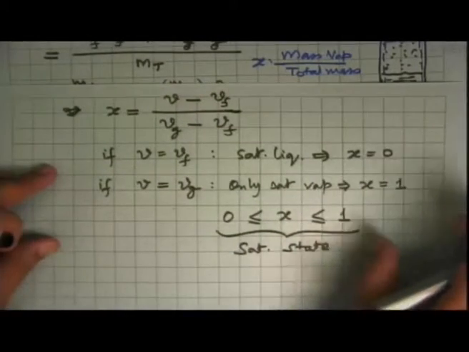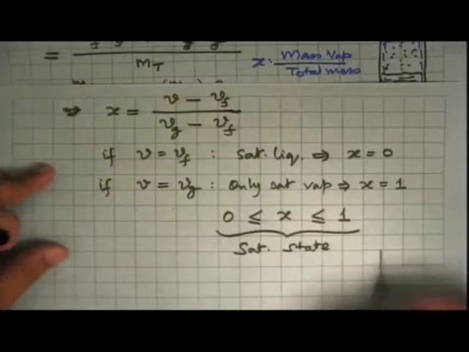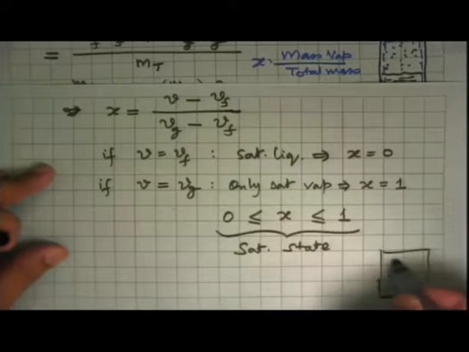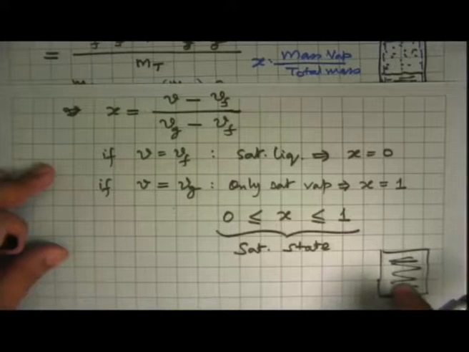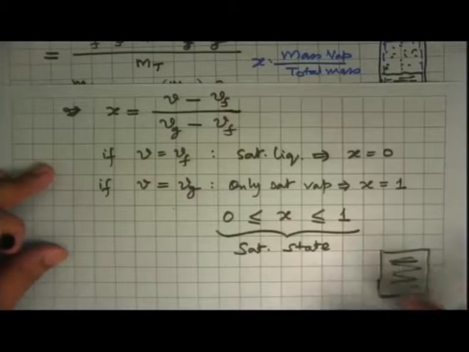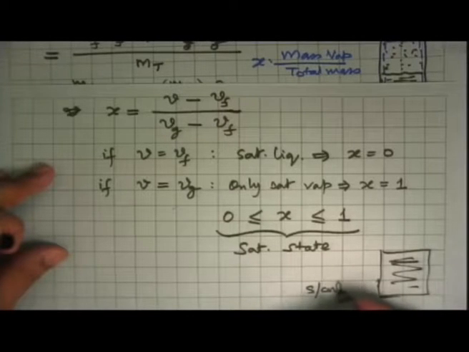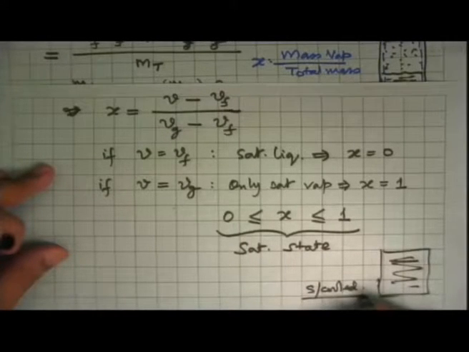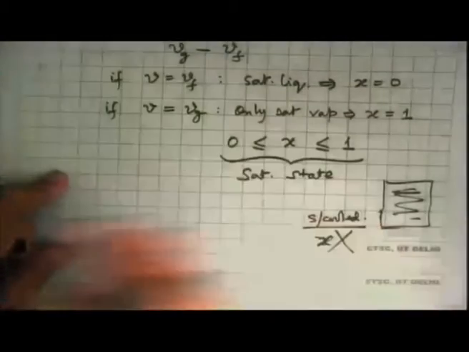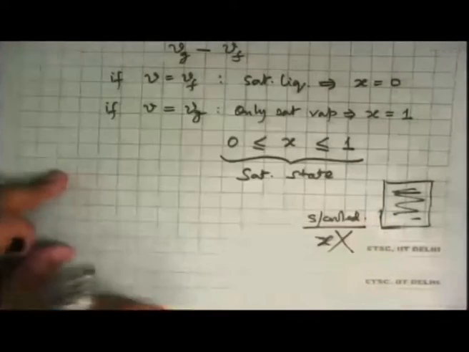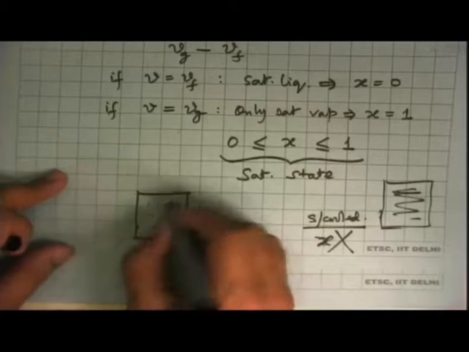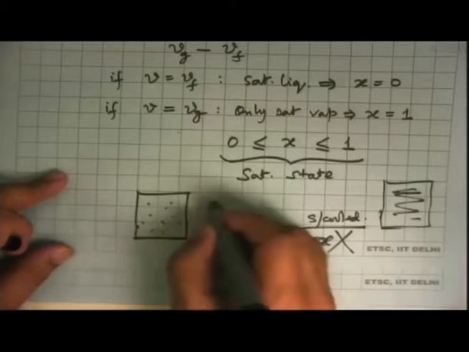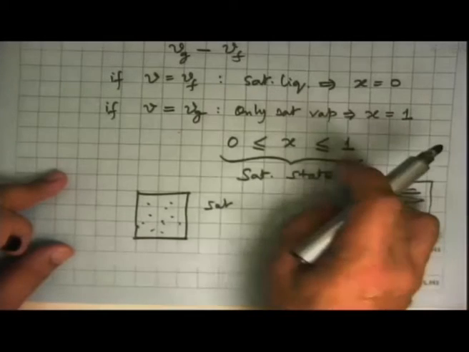So say that we have in a vessel or any system only a liquid. If it is saturated liquid, its dryness fraction is 0. But if it is subcooled liquid, then its dryness fraction is not defined. Subcooled liquid is not a saturated state, so x is not defined. And similarly, at the other extreme, if you have only vapor in this, if it is saturated vapor, then yes, x is equal to 1.